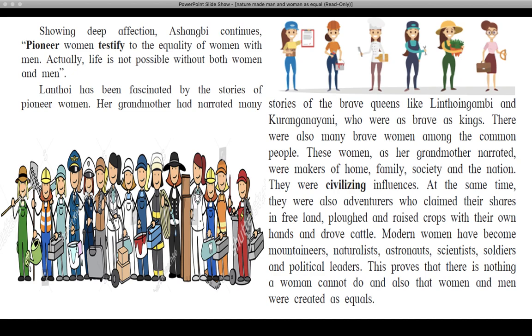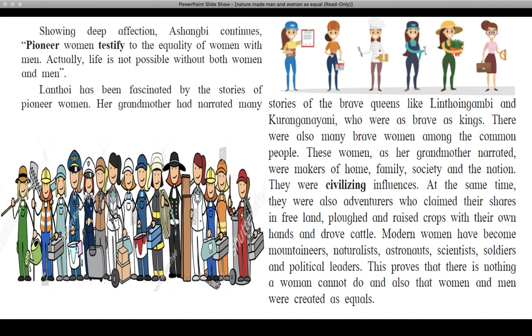So she says that pioneer women, the women that started something, they took up the first challenge in a particular field. They are the ones who can testify, they are proof for us that equality between men and women is possible. That man and woman are equal.